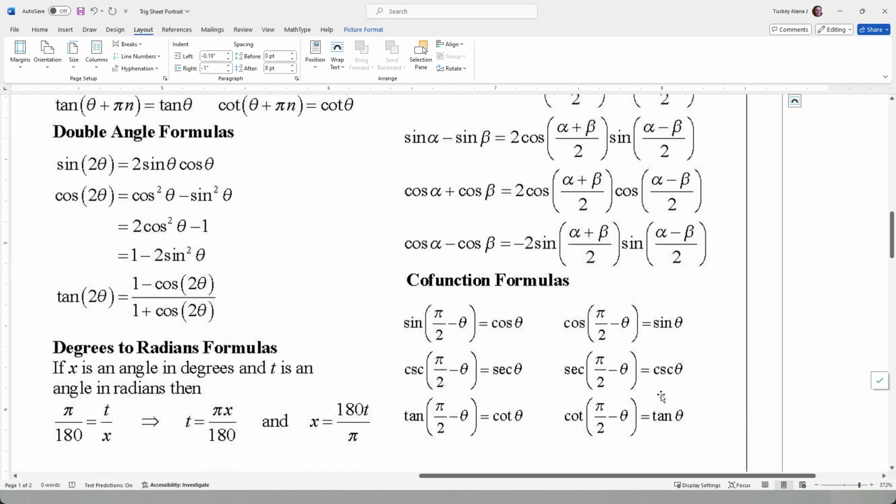So you can see that the cosine of pi over 2 minus theta, say like 70 degrees, 90 take away 20, would be equal to the sine of 20. And similarly, the sine of 90 take away 20 would be equal to the cosine of 20, right? So that's a cofunction identity. From trig class, you should have seen them in pre-calc, but it wasn't a big deal made out of them.